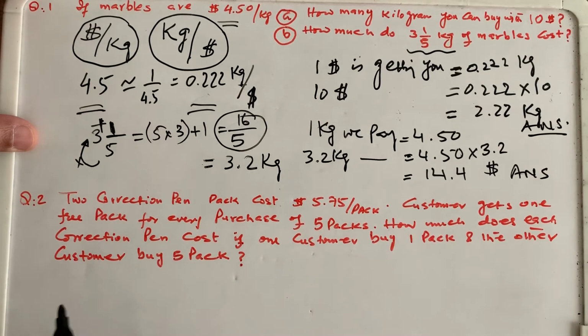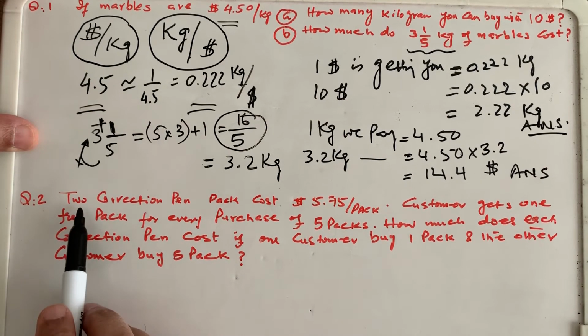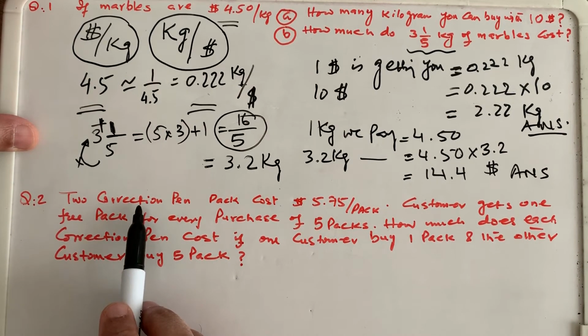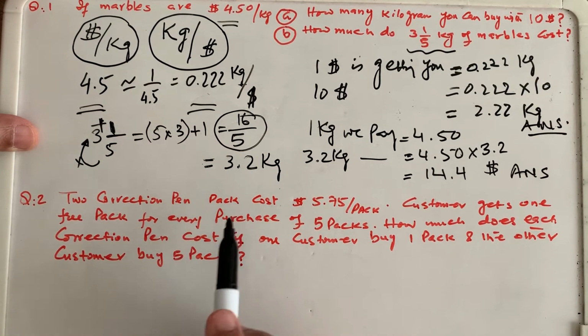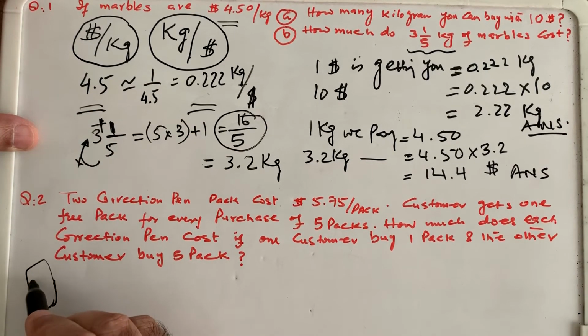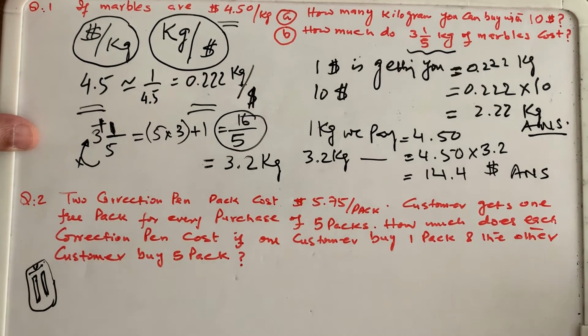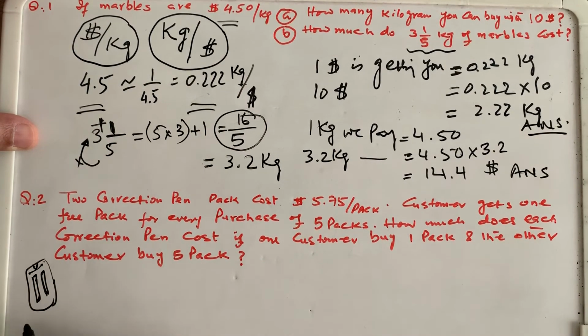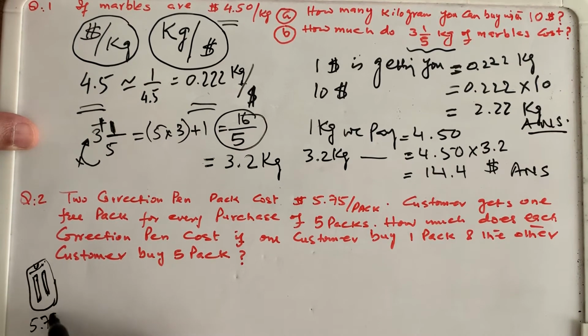The second question, 2 correction pen pack. So it's a pack of 2 correction pens. That means the pack is here, for example, and there are 2 pens in it, right? This is a 2 pen pack. It is costing you $5.75 per pack.